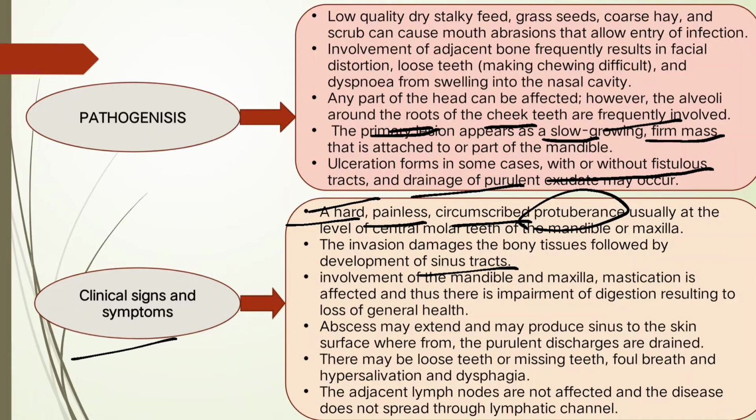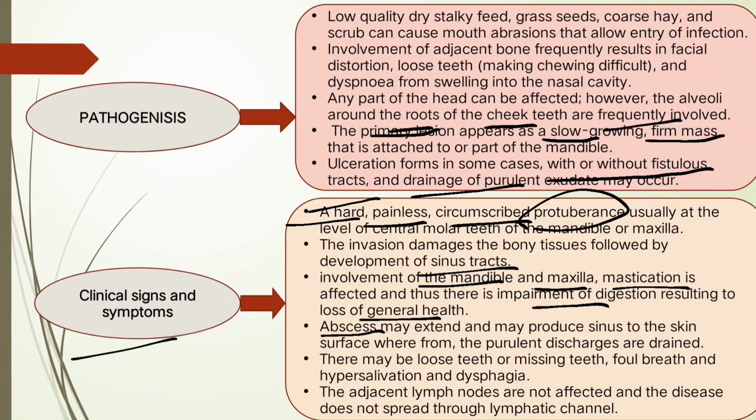Sinus tracts are also inflammatory tracts, but they are blind: there is no opening through and through. There is an opening at only one point while the other end is closed, so we call it a closed inflammatory tract involving the mandible and maxilla. This makes mastication difficult, ultimately leading to impairment in digestion, resulting in loss of general health.